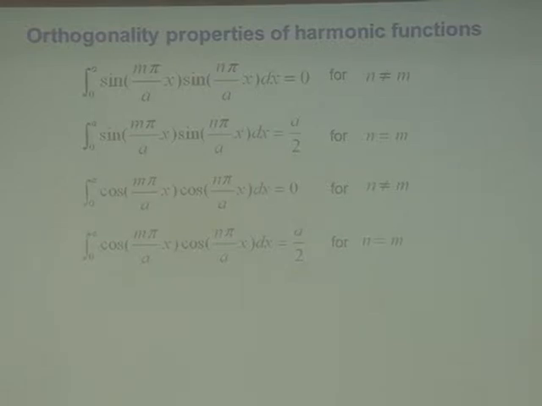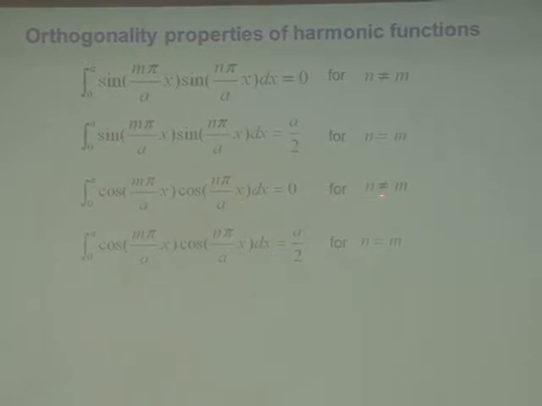okay? But if n equals m, it turns out that there's a value a over 2. Well, the same happens to cosine. If you do this integration for the multiplication of these two terms with different n and m, it's going to be equal to 0.